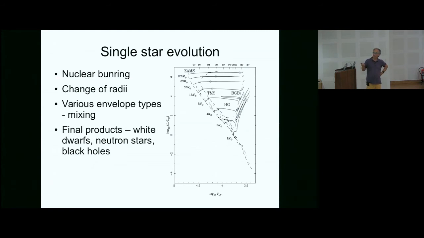And so what is happening to the radii of the stars as they evolve? The luminosity goes up, and the temperature becomes lower. So, for example, let's say that these lines are horizontal, so the luminosity is constant. The temperature becomes lower, so if the temperature becomes lower, the radii have to expand.